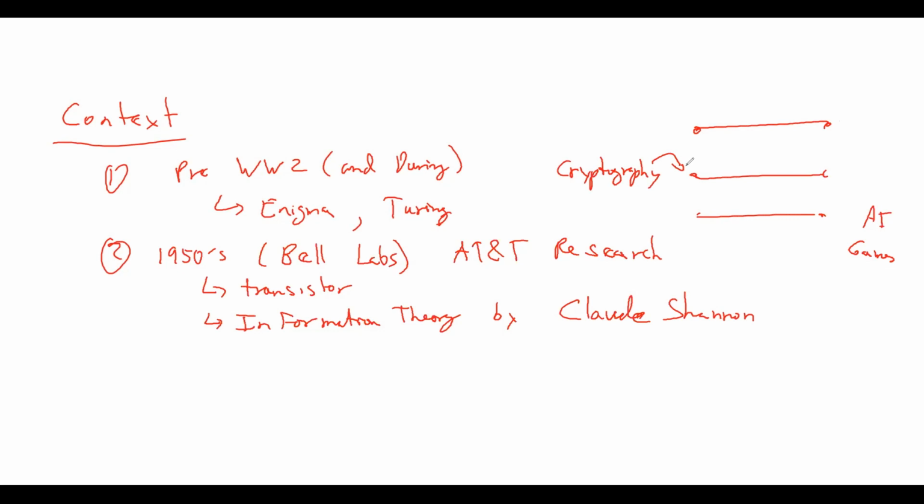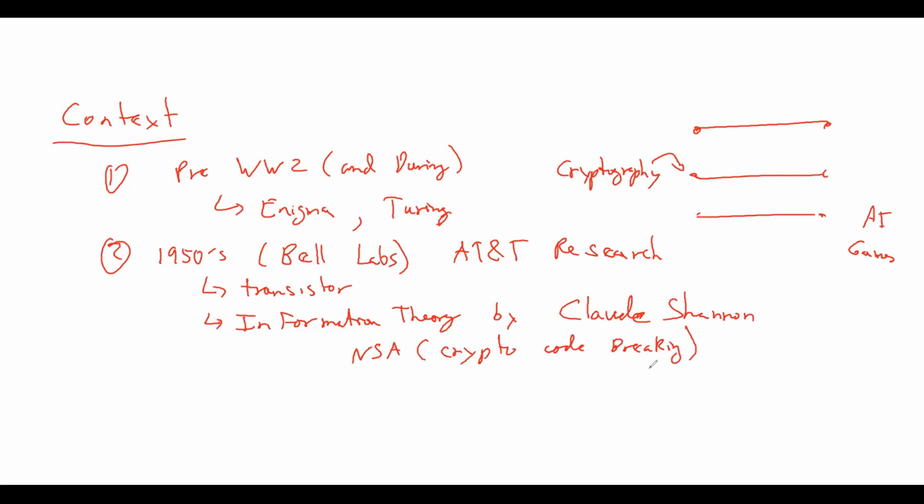A lot of this was being done for the military, what is now the NSA and the CIA. The NSA in particular, you probably know that they do code breaking, things like that. Basically they hired Claude Shannon to formulate all of these ideas.